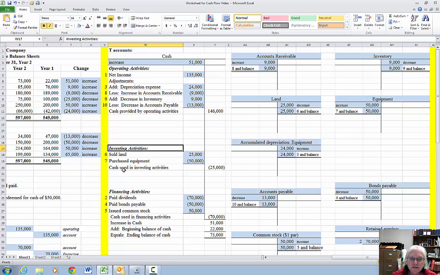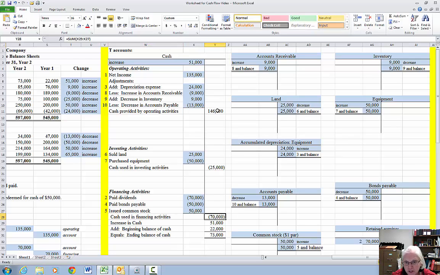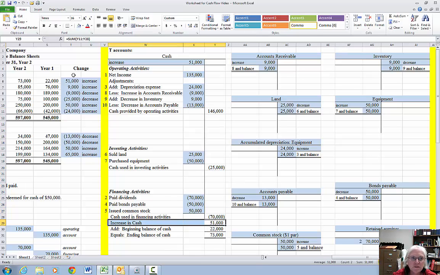The investing activities used cash of $25,000, and the financing activities used cash of $70,000. It's a good thing operations provided some. If you combine those three numbers, lo and behold, you come back to the $51,000 increase in cash, which was our check figure, and that's exactly what we wanted.